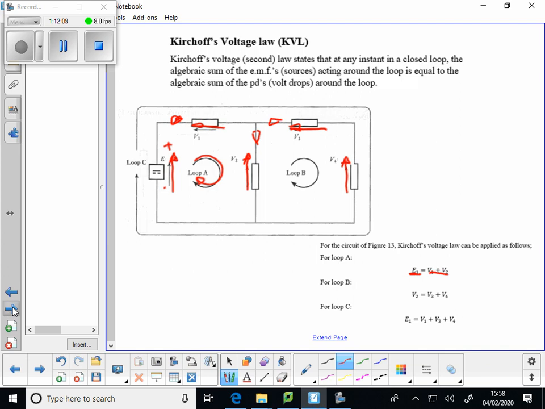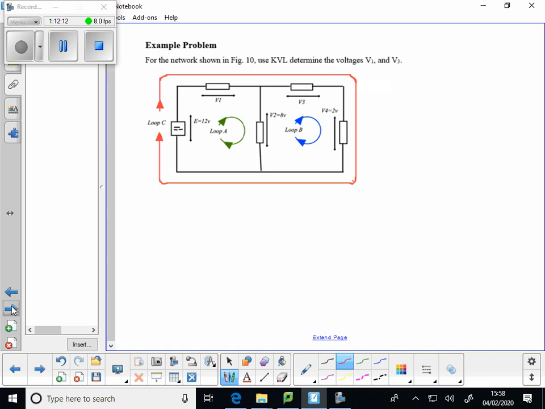And on the next page, the example problem: for the network shown, use KVL to determine the voltages V1 and V3. So if we look at that, loop A, going clockwise, E is equal to V1 plus V2.